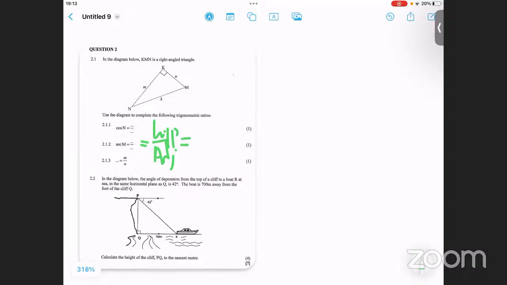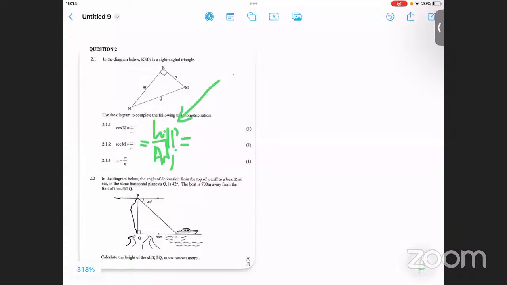Or you could say 1 over cos theta instead, sir, if you decided to do something like that. Yes, that's correct. You can still do that. And the quickest way to go about it is this way, where you just swap.